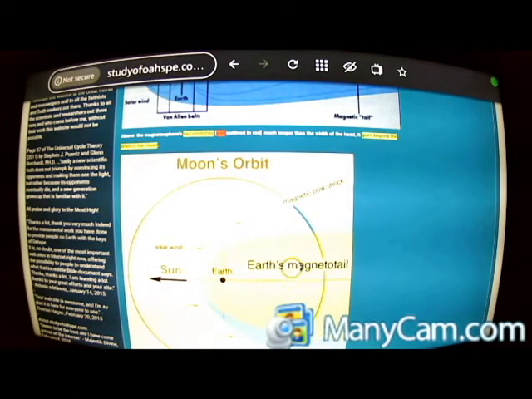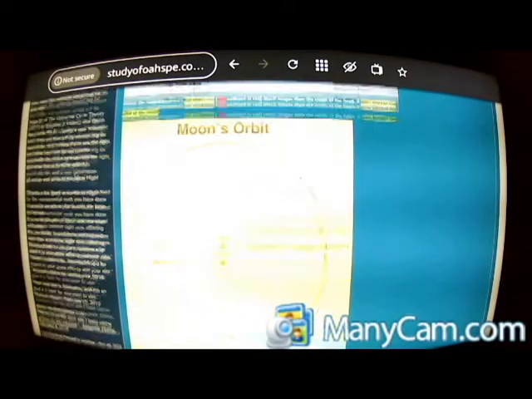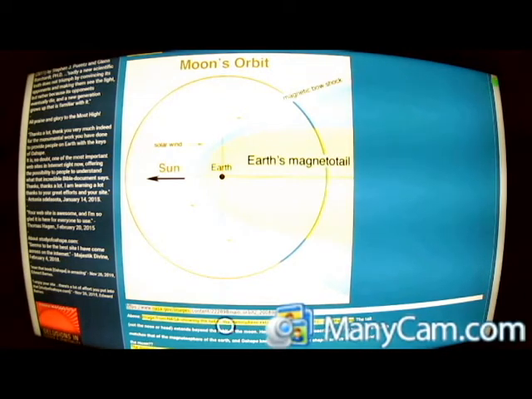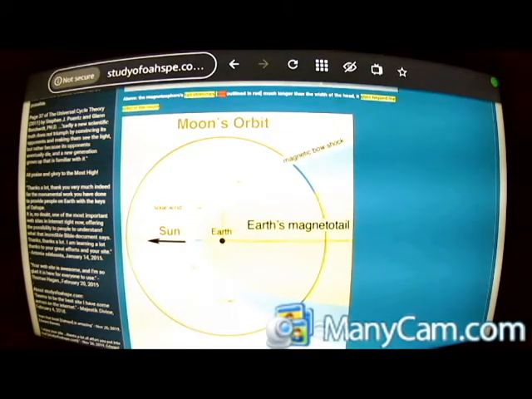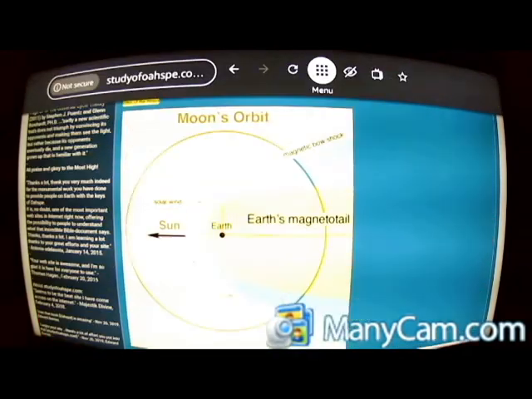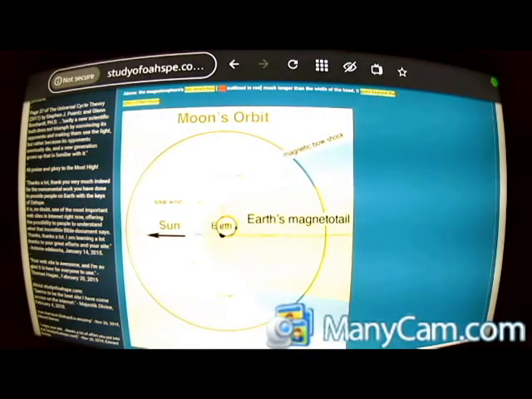That's the Earth's magnetotail. And as you can see, it goes out beyond the orbit of the moon. Right there it says, above image from NASA showing the tail of magnetosphere extends beyond the orbit of the moon. And the orbit of the moon is in a dashed line, actually in a circle. And there you see the Earth's magnetotail.